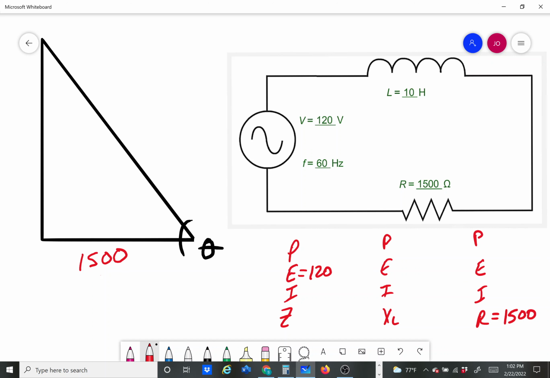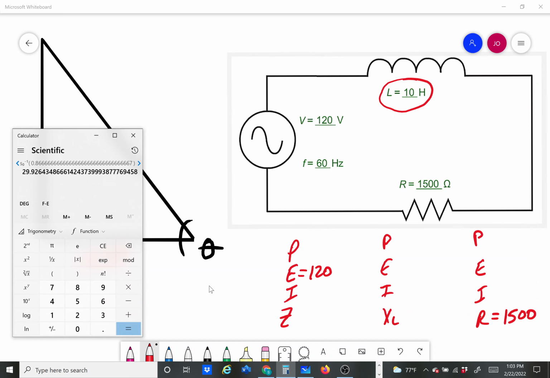All right, so that's everything. Now, this 10 henries, those are not in ohms. So I have to convert those 10 henries into ohms in order to put this into my triangle. How do I do that? Hopefully, fingers crossed, we remember that we have to do XL in the always true column.